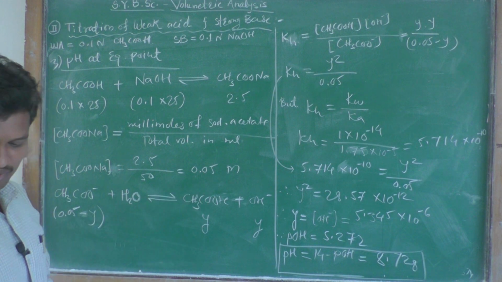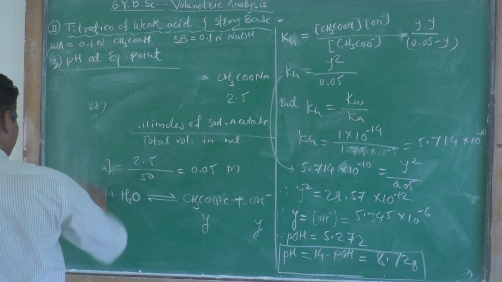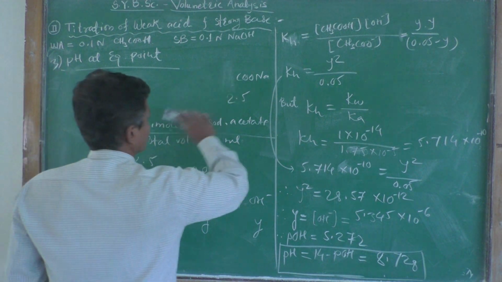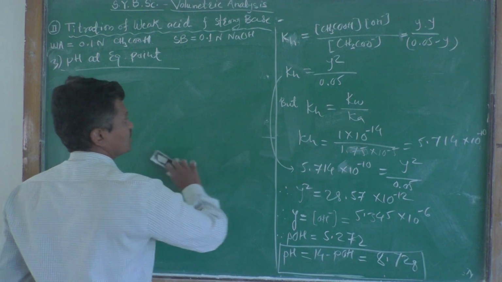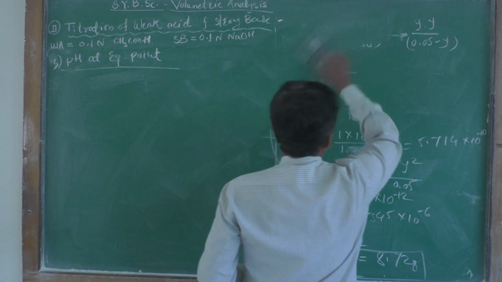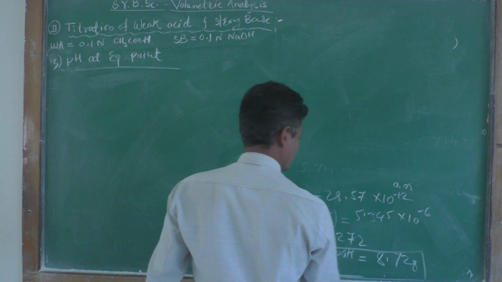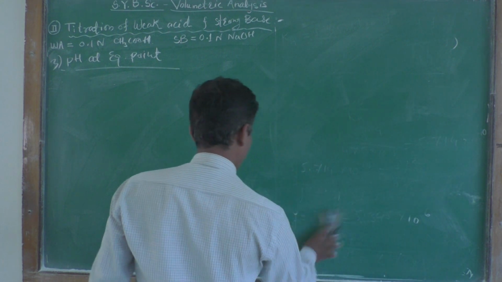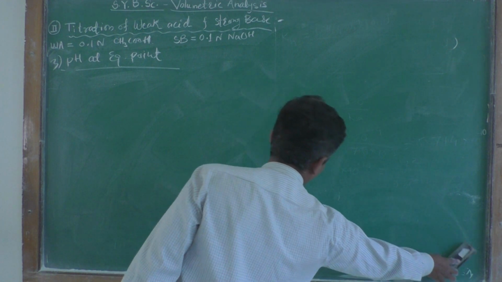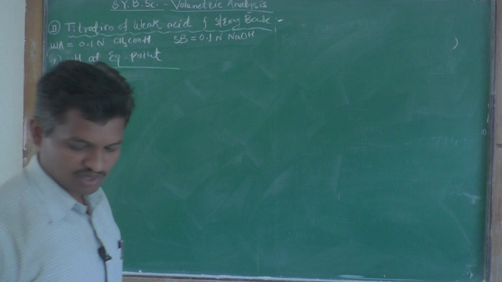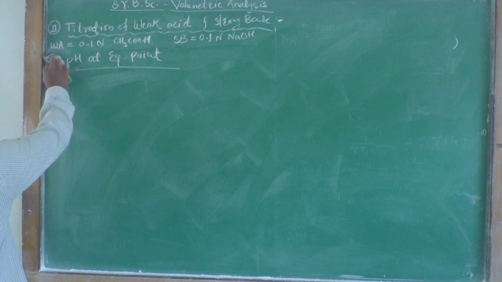This is the third calculation, and only one calculation is remaining, and that is the pH of the solution when an extra 1 ml, that is 26 ml of NaOH base, is added from the burette. So what will be the pH? In your exam or in your notes, at least 3 to 4 calculations must be there for the calculation of pH if the question is a long answer type question.